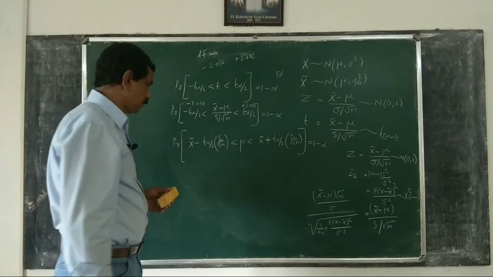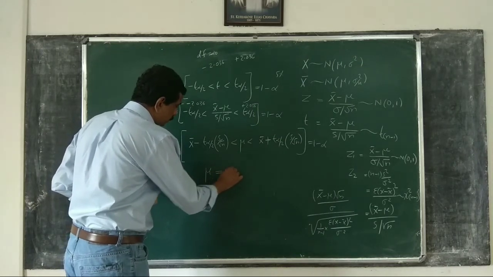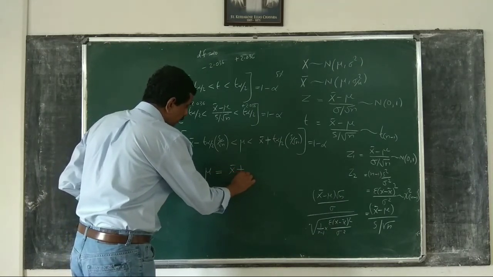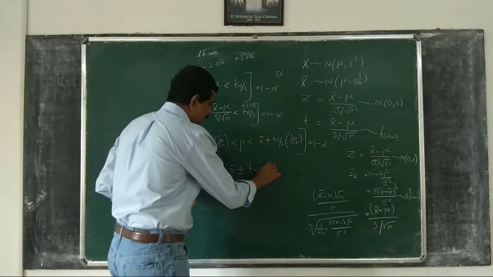Or mu is equal to x bar plus or minus T alpha by 2 S by root n.